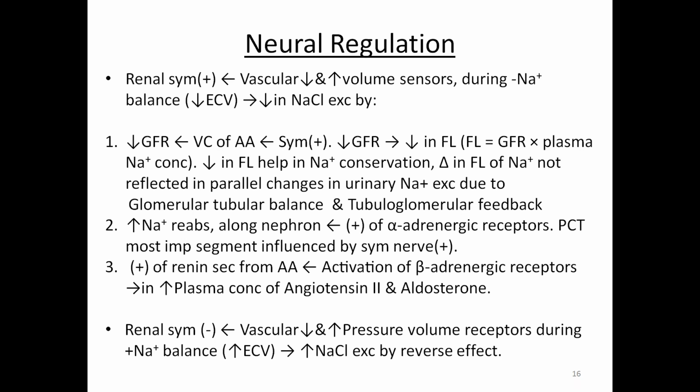Now coming to renal sympathetic inhibition. That would be induced by vascular low and high pressure volume receptors in condition of positive sodium balance, which means increased ECV. That would lead to increased sodium chloride excretion by the reverse of what we just spoke about.